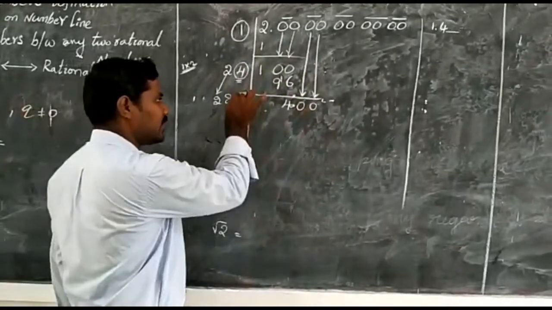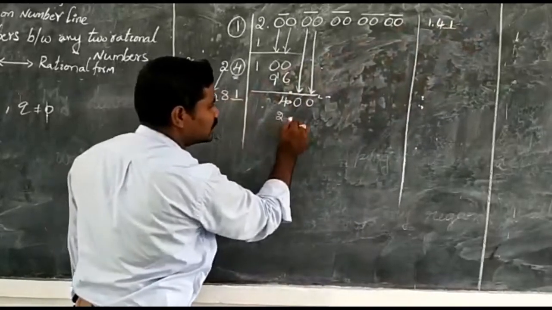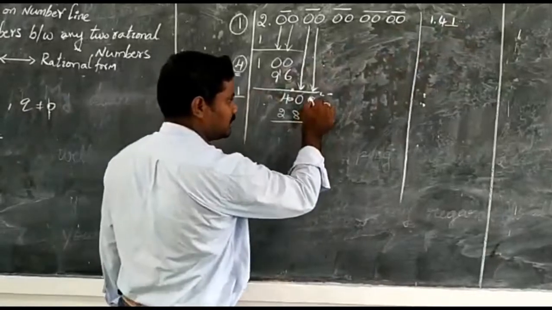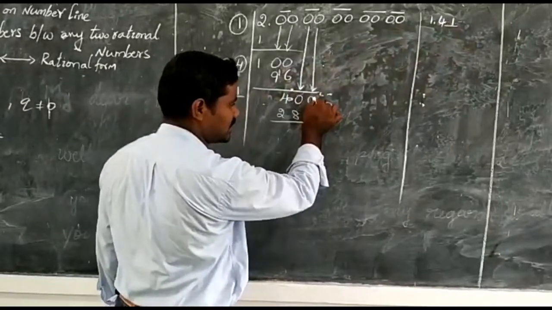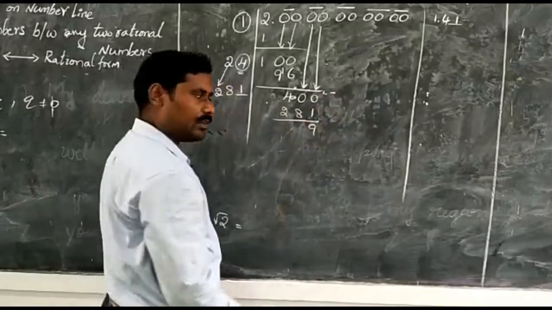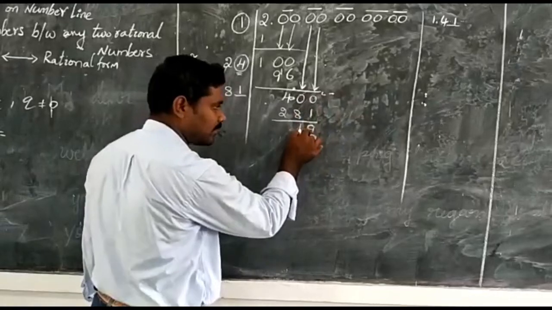Now I am taking just 1 and here also 1. 1 into 281, 281. Just subtract. 0 means borrow, it is 10. 10 minus 1, 9. Now it is 9. 9 minus 8, 1.